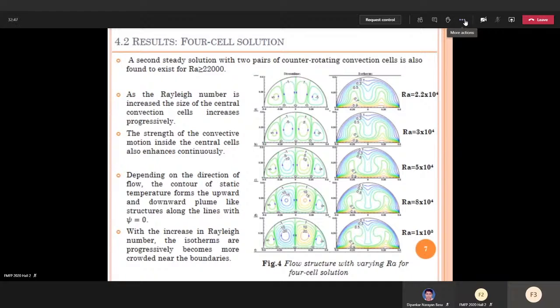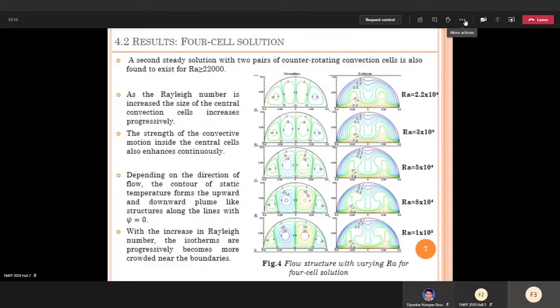If we refer to the streamlines and isotherms for this four-cell solution, we can see that as the Rayleigh number is increased, the shape and size of the convection cells change. Particularly, the size of the central convection cell continuously increases, whereas the cells which appear at the side of the enclosure get squeezed.